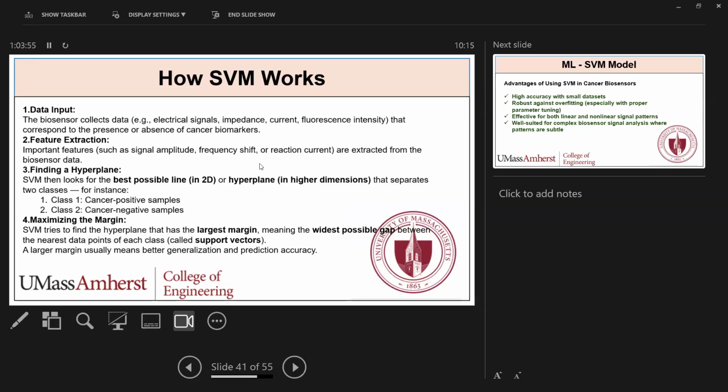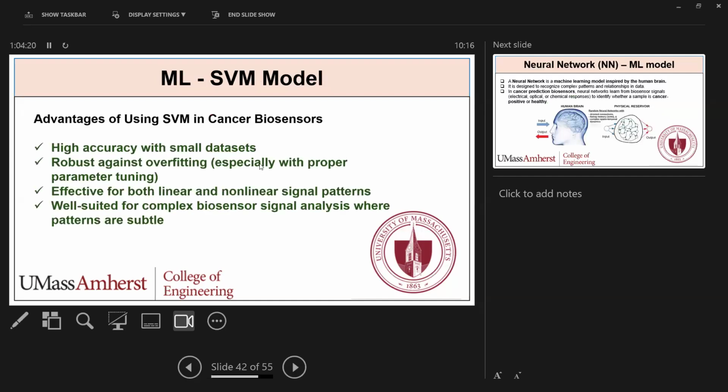Then the important features are extracted from the biosensor data, like the current, time, or the frequency range, usually from 1 hertz to 1,000 kilohertz. Then it finds a hyperplane between two classes, maximizing the margin. That is how SVM works.